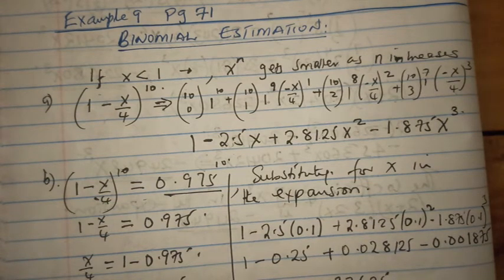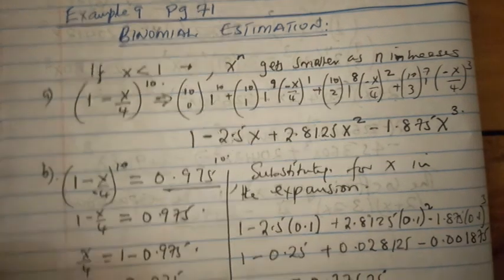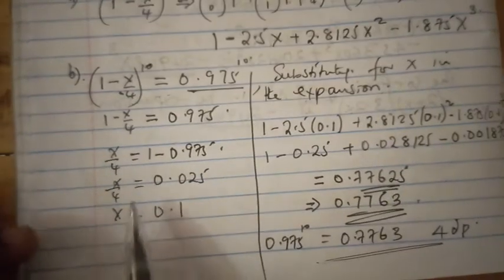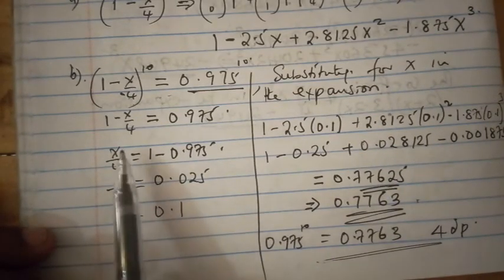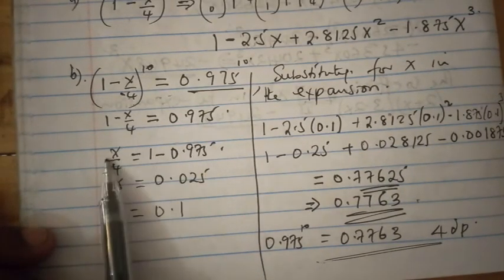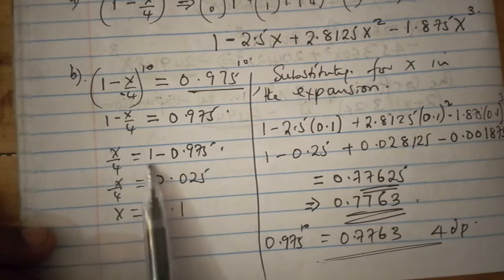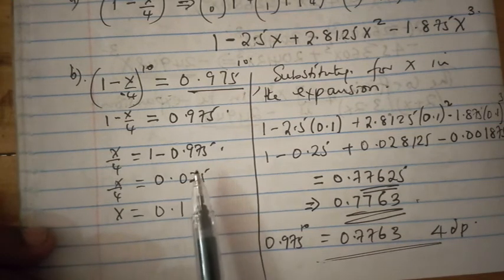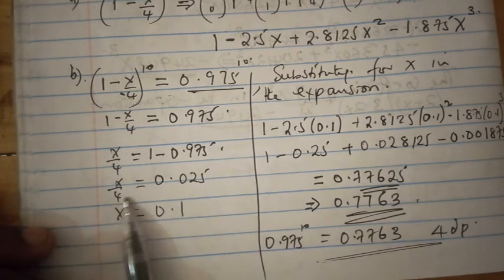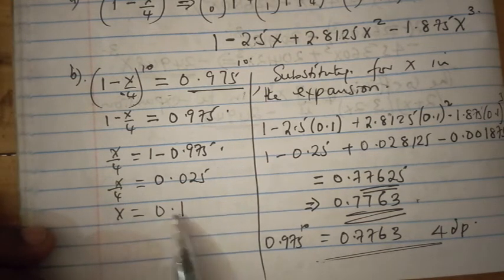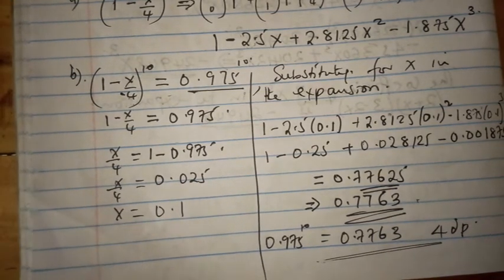To make x the subject, we multiply both sides by 4, and x is comfortably 0.1. That is the value of x.